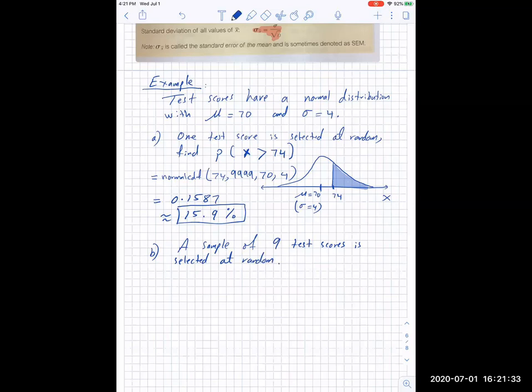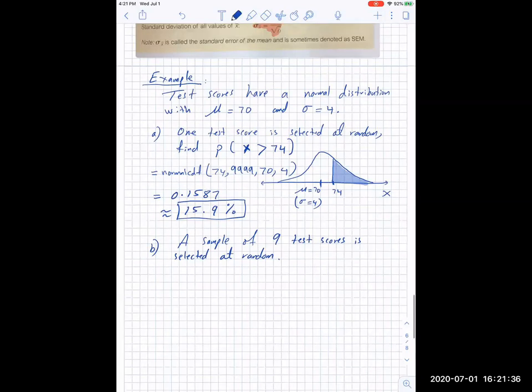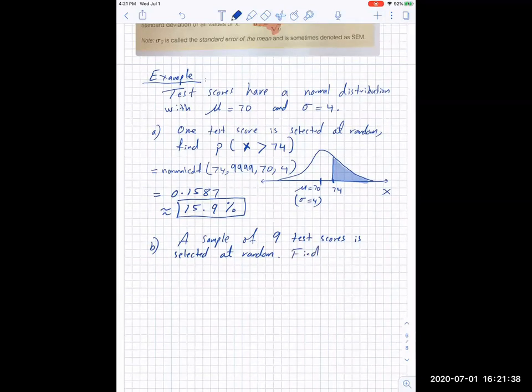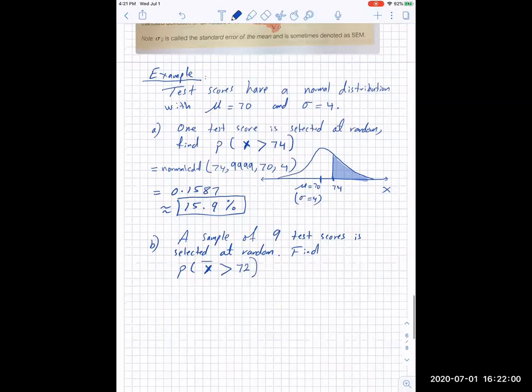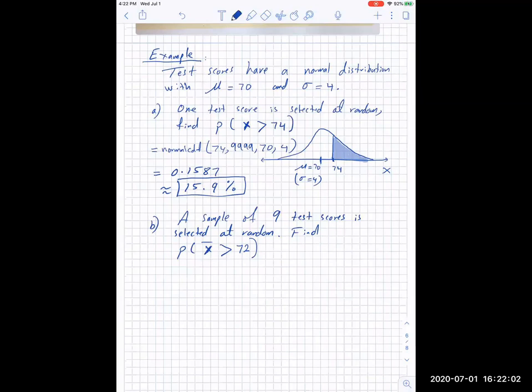Find the probability that the average of these 9 test scores, the mean of the 9 test scores, X bar, not X, X bar, is greater than 72. So the average of these 9 test scores, what is the probability that the mean of the sample is greater than 72?